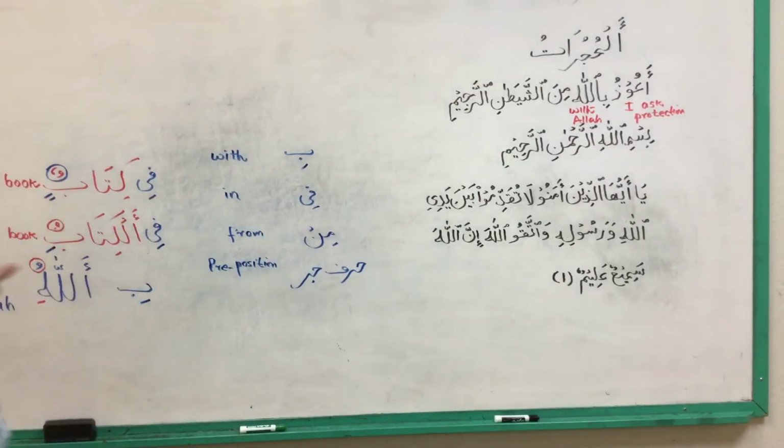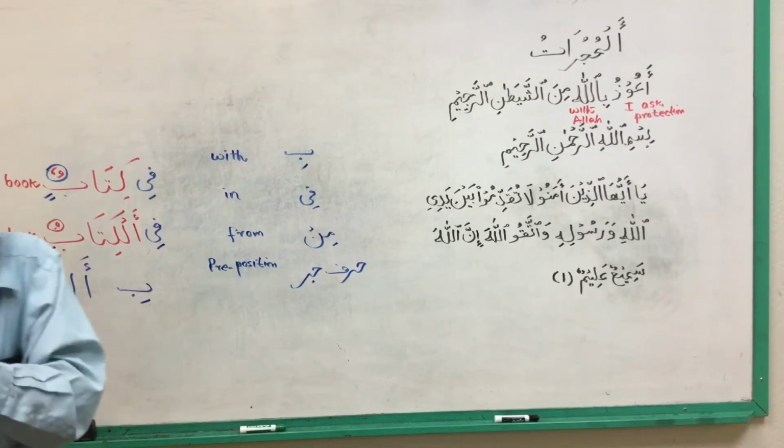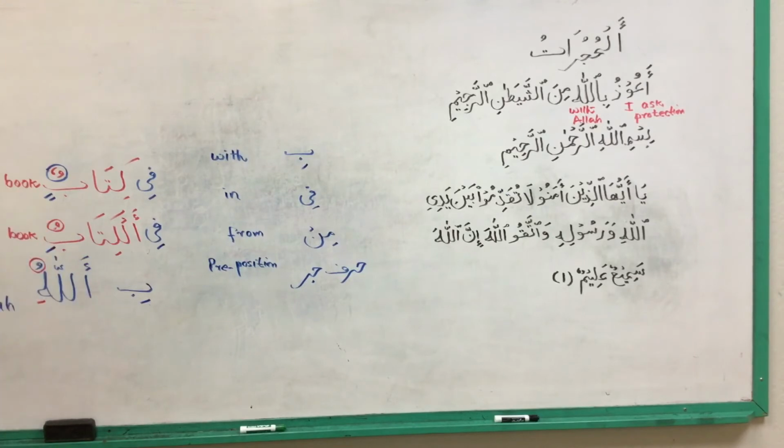If you put from there, the meaning will be totally opposite. Seeking protection with Allah means you are going to Allah and asking Him to give refuge and protection. So you are heading towards Allah subhanahu wa ta'ala and asking protection.